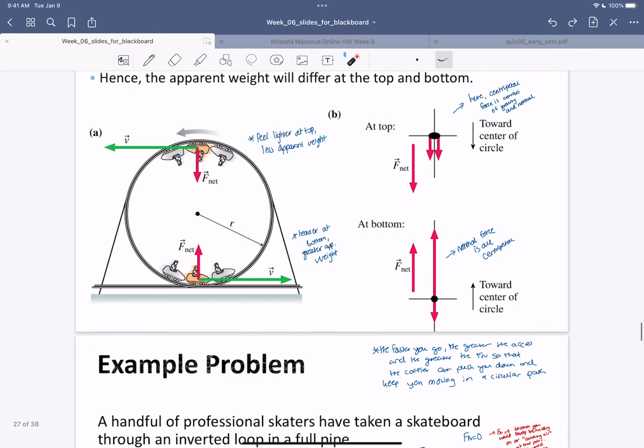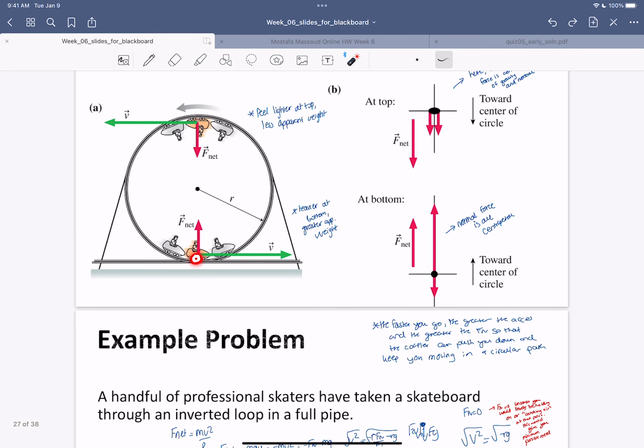And this is a continuation of that, where at the bottom you have normal force pointing upwards. This is our surface of contact, pushing up against the roller coaster, with gravity pointing downwards. Since normal force is pointed towards the center of the circle, our centripetal force is positive in this case. So the forces along the positive y-axis should overwhelm the negative y-axis forces.